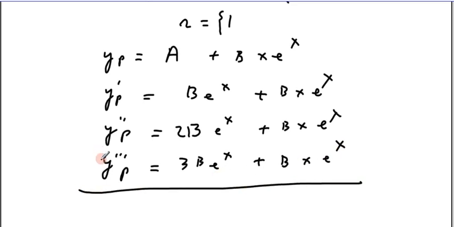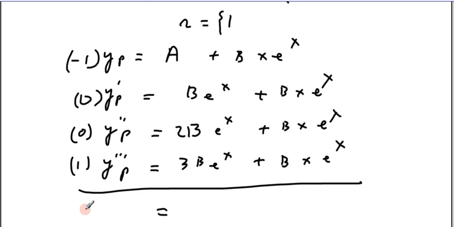Okay, I want 1 of him, 0 of him, 0 of him, minus 1 of him, and when I get done, I want e to the x plus 7.